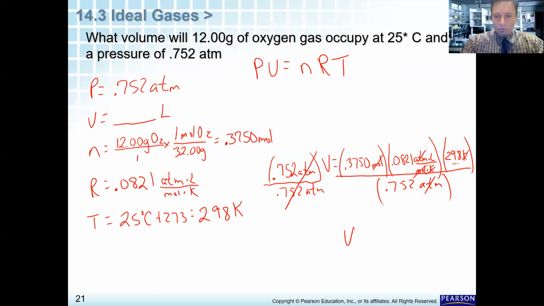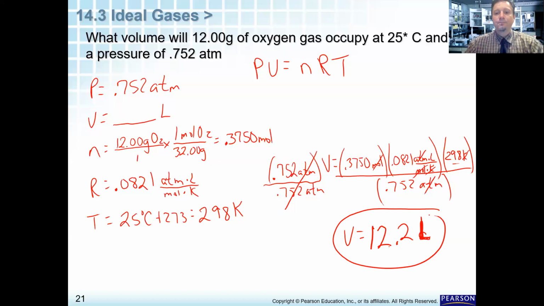So my volume equals 12.2, and this is liters, 12.2 liters.